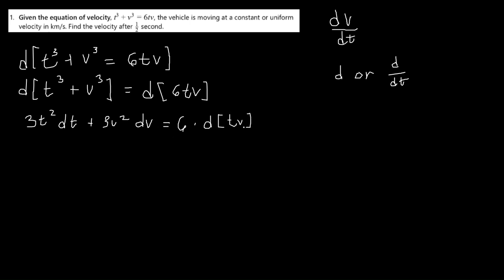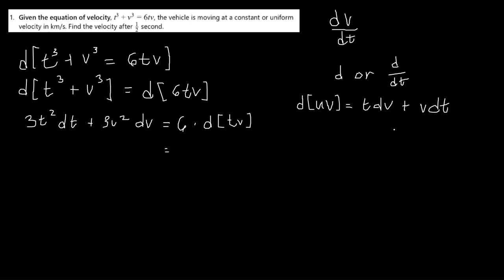Okay, for tv, that's a product rule, right? They're multiplied by each other. So using the formula d of uv, you can set t as your u and v as your v. So this will become u dv, or t dv plus v dt.